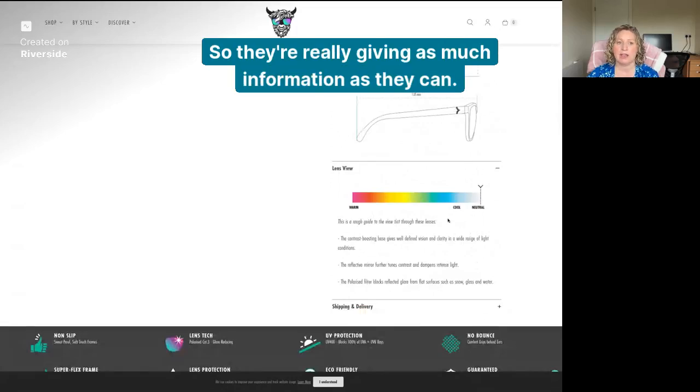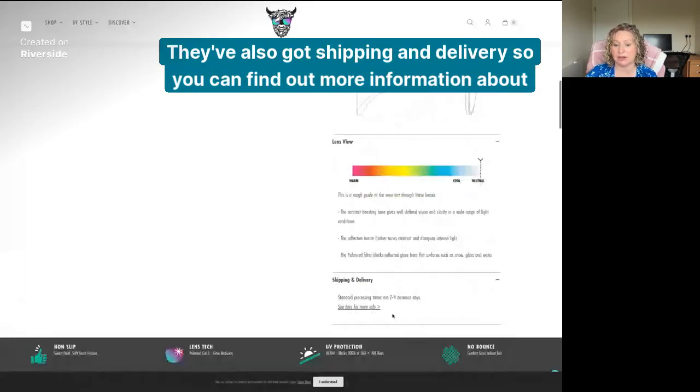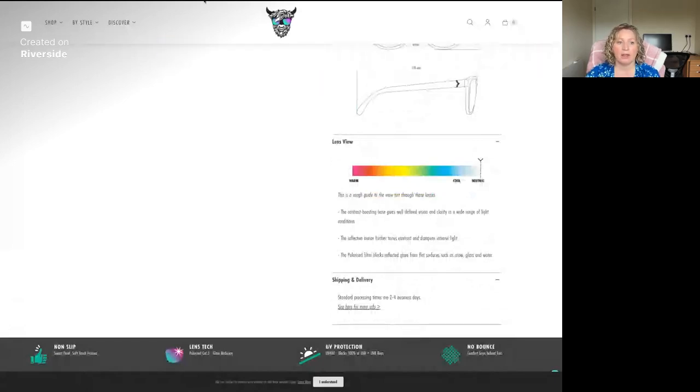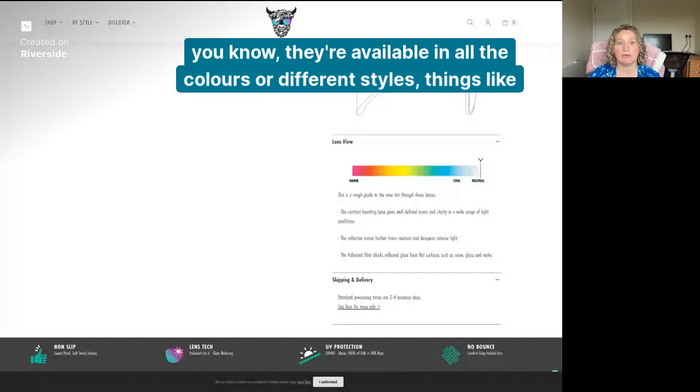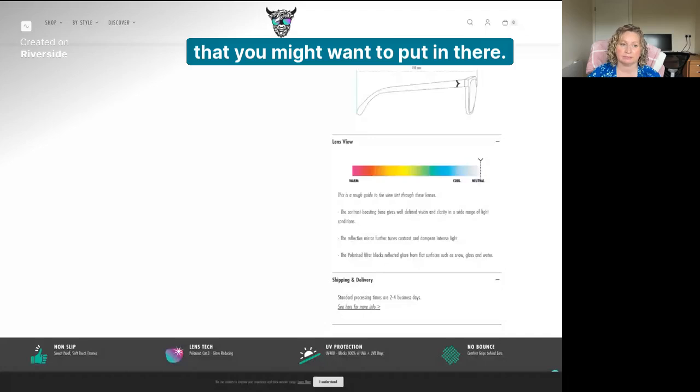So they're really giving as much information as they can. They've also got shipping and delivery, so you can find out more information about that. And then if there's any other important information they need to know, maybe they're available in other colours or different styles, things like that you might want to put in there.